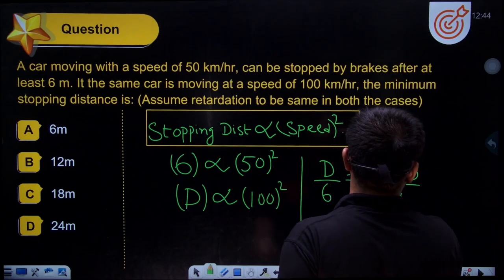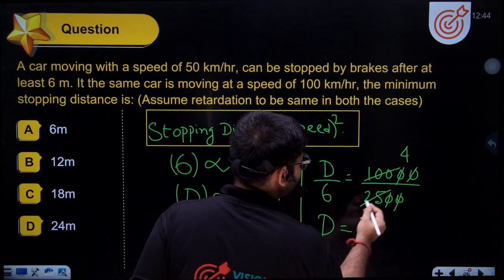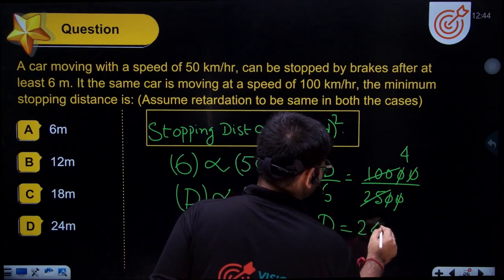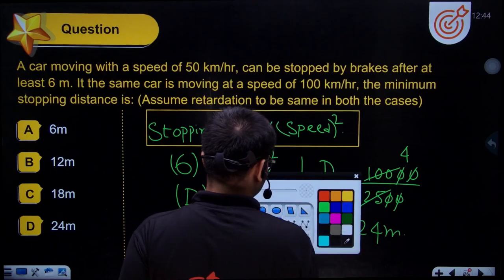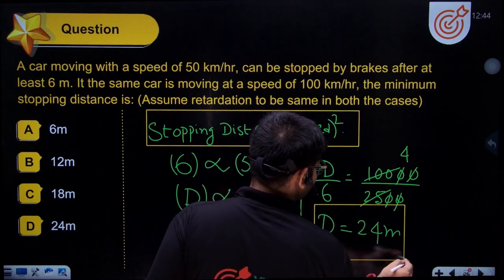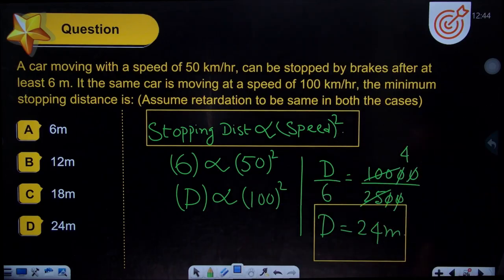So this is becoming 4. So your d is ultimately becoming 24 meter. So you see your d value that you are getting is basically 24 meter.